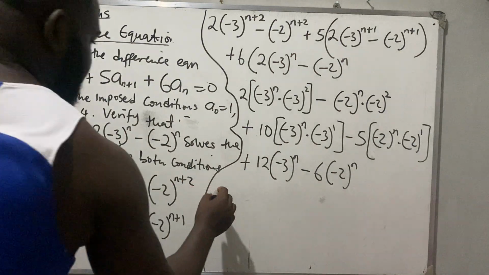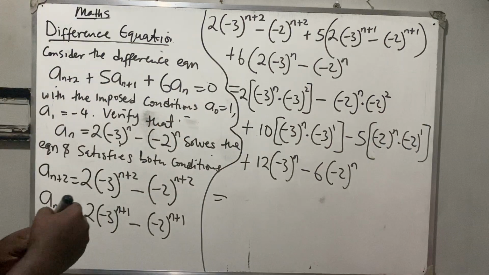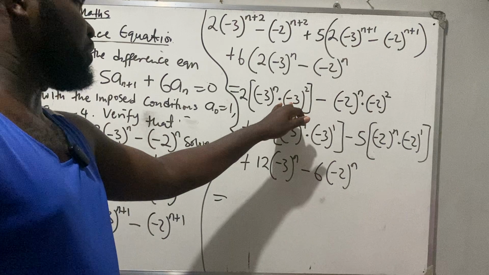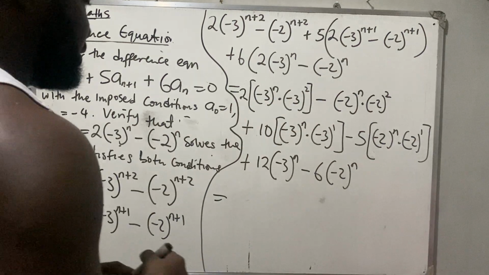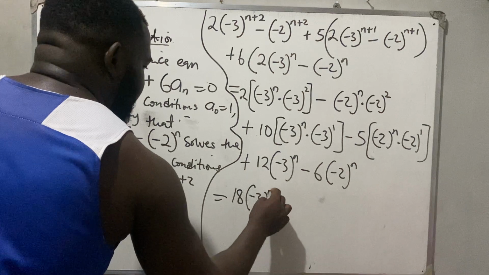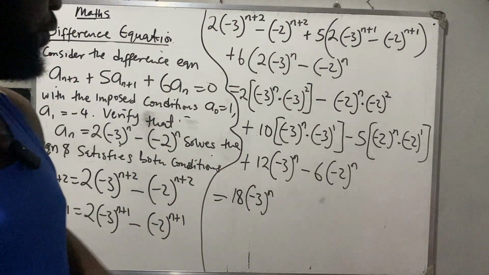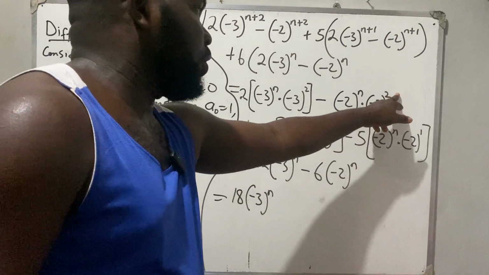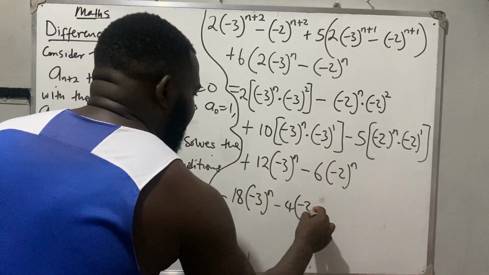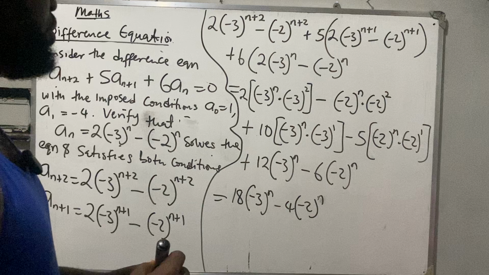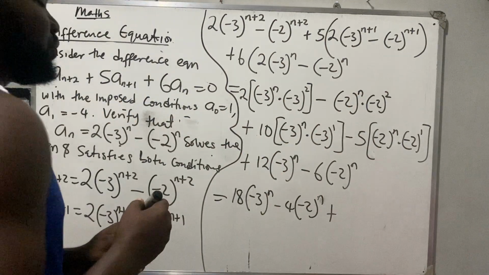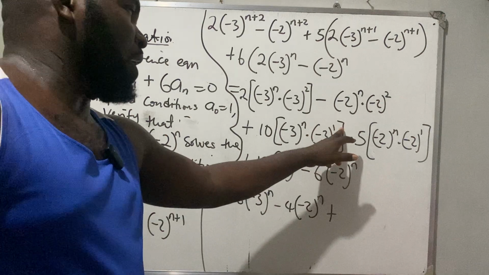Okay, so let us now clear. To clear, minus 3 raised to power 2 is 9. 9 times this is 18. So I'm having 18 into minus 3 raised to power n. For this one, this squared is 4. So I'm going to have minus 4 into minus 2 raised to power n. So I am done with this part. So plus, this part, in fact, minus 3 raised to power 1 will give you minus 3.